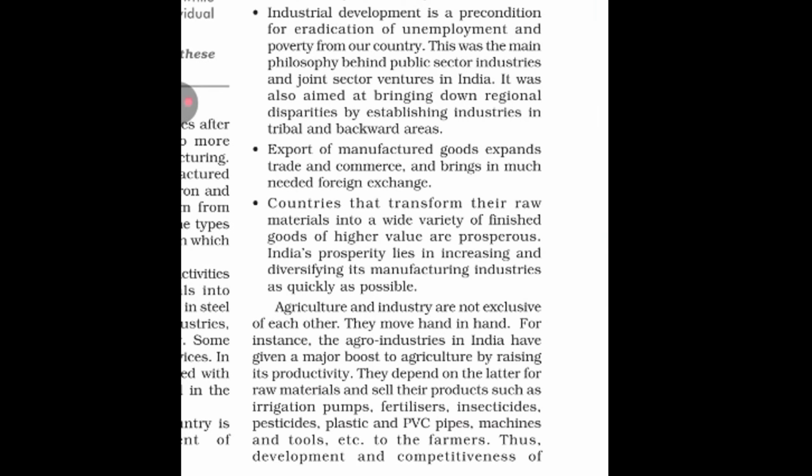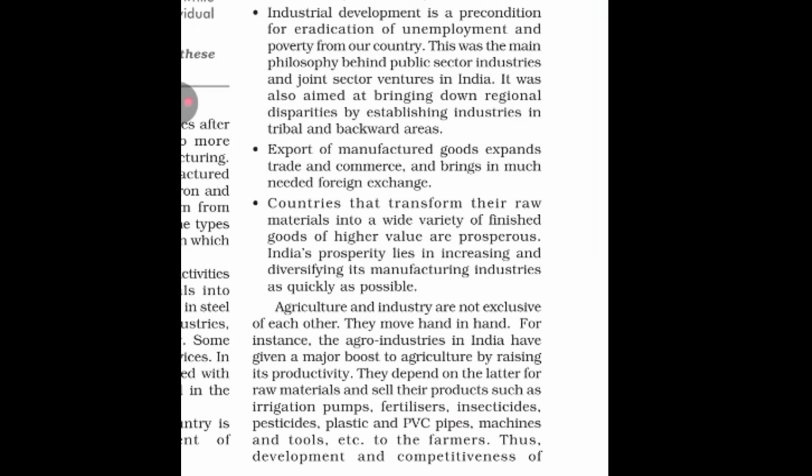All this is dependent on manufacturing, so directly or indirectly. So overall prosperity of a country's economy is dependent on or is measured by the manufacturing or industrial development.